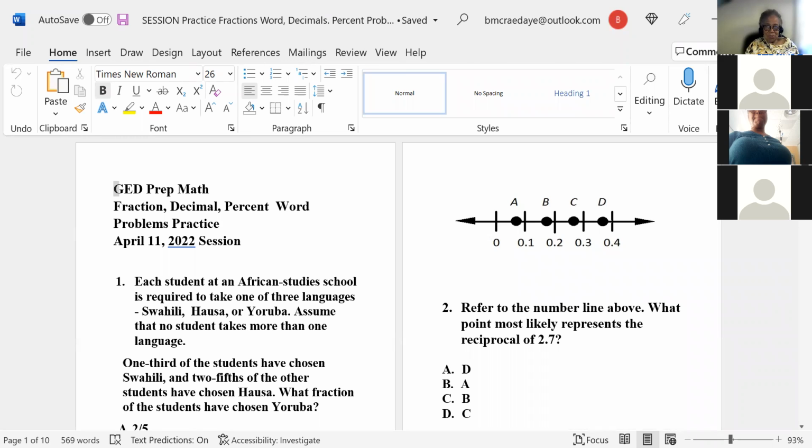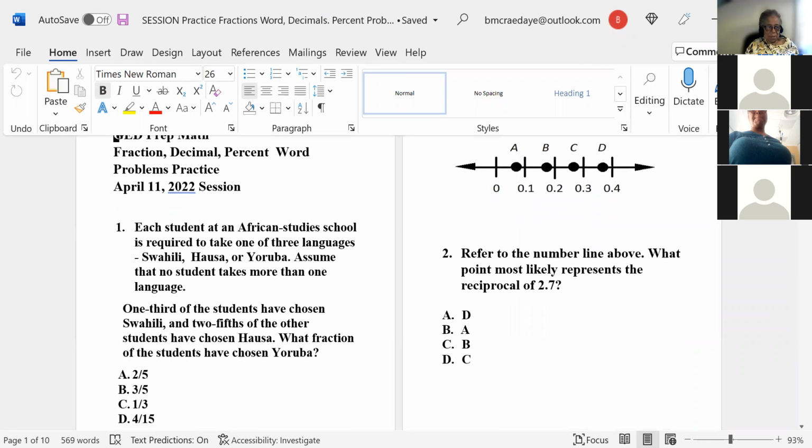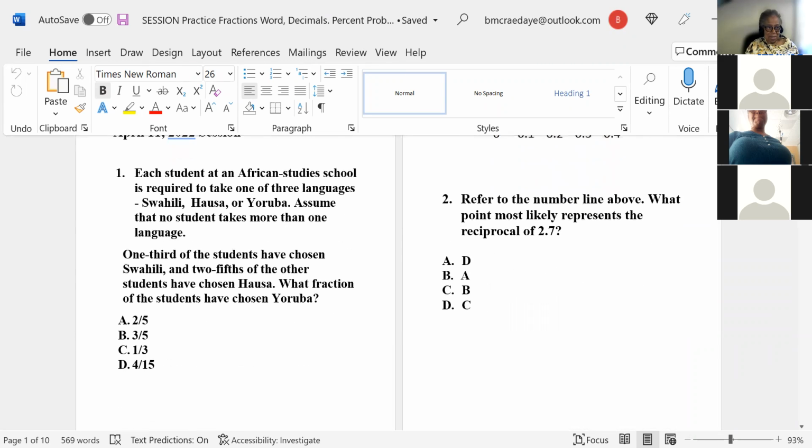Okay, I want you to take that first problem and tell me the answer. Read it. I'll underline these fractions. Each student at the African school chooses one language: Swahili, Hausa or Yoruba. What fraction of the students have chosen Yoruba?